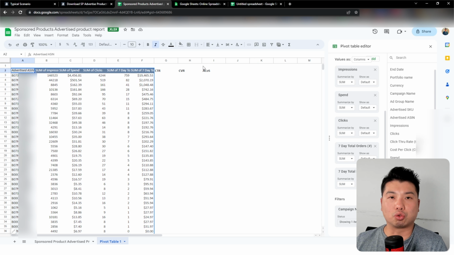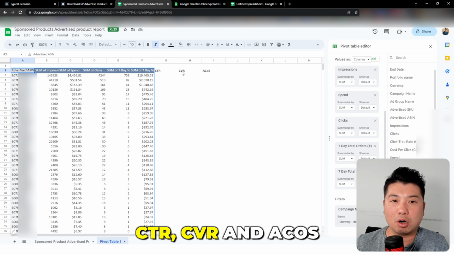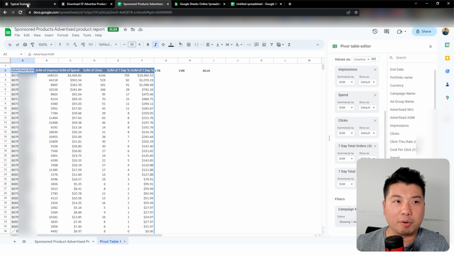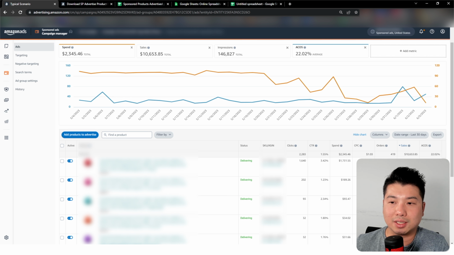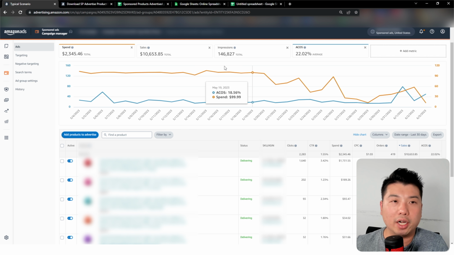The three metrics that you really want to analyze to figure out what is your hero variation would be your CTR, CVR, and also ACoS, right? Sometimes the information, as you can see on the screen, is not that clear cut as to which one is the clear favorite.